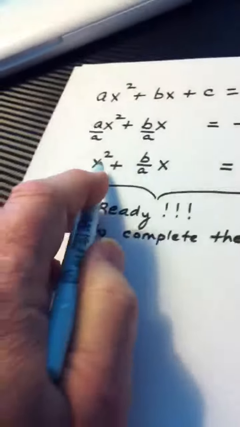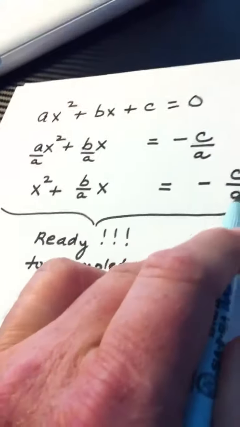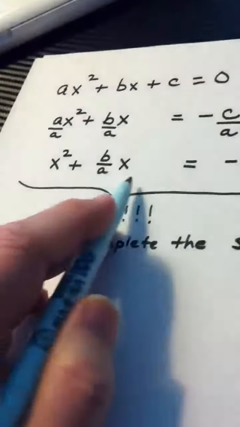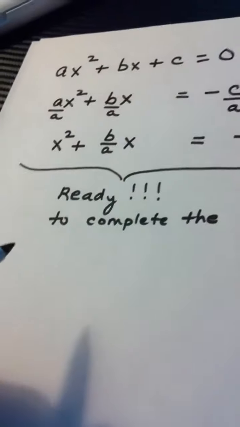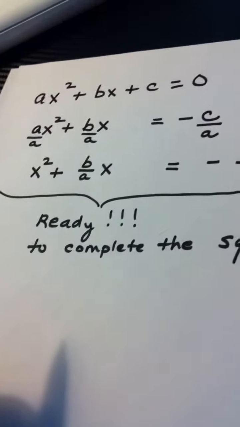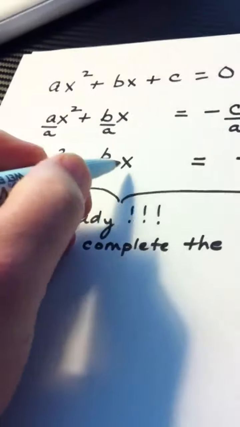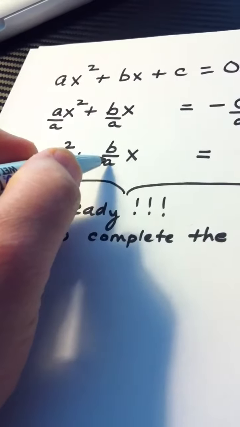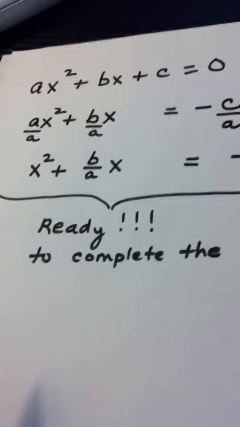Now as we continue, since the x's are alone, we have a leading coefficient of 1, our constants are on the right hand side, and our variables are on the left, in correct order. What we have to do is come up with that magic number to add to both sides. Remember, you look at the coefficient of the x term, which in this case is b over a, and you divide it by 2.